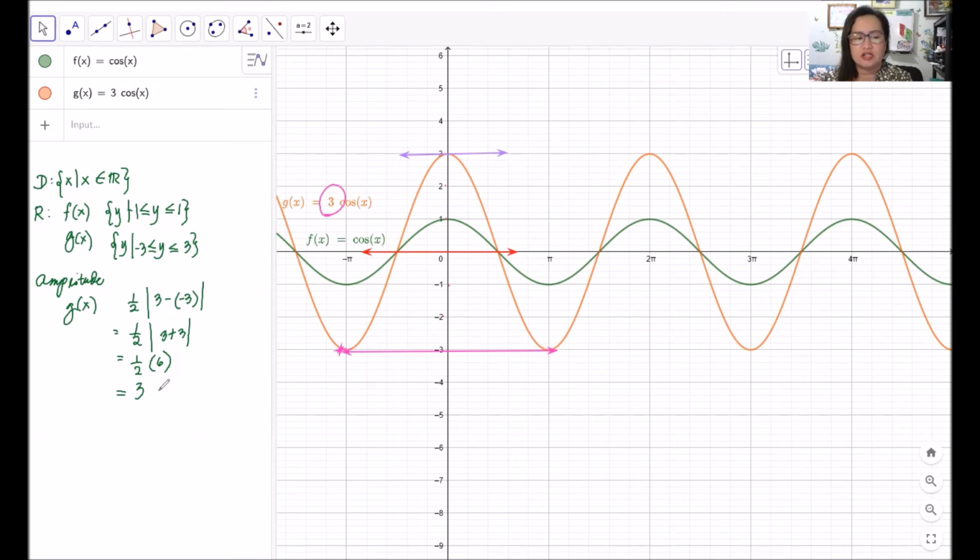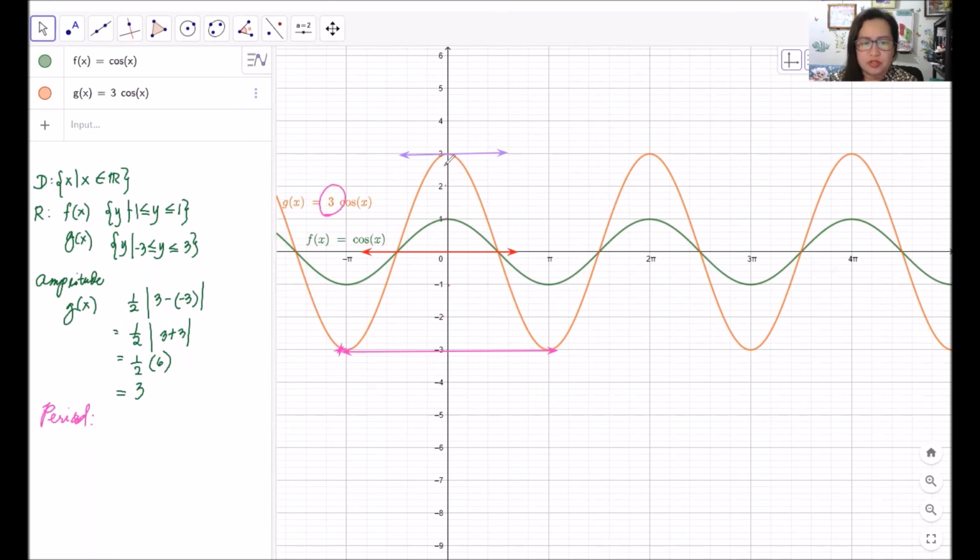Or if we have cosine x as the baseline, there will be an increase in the amplitude, including in the range. Is the period different? So, does changing the value of a affect the period? Let's see.